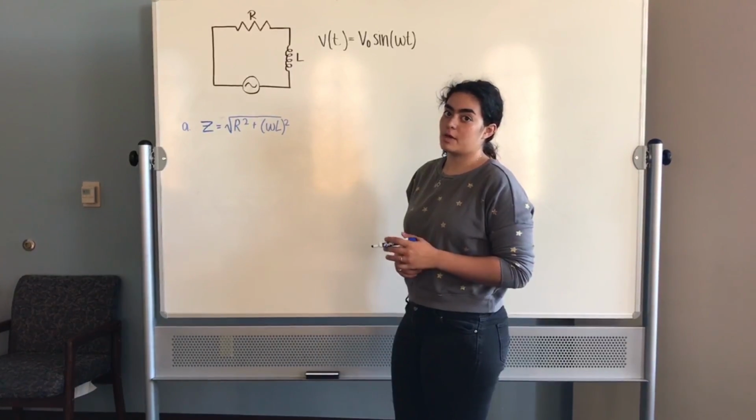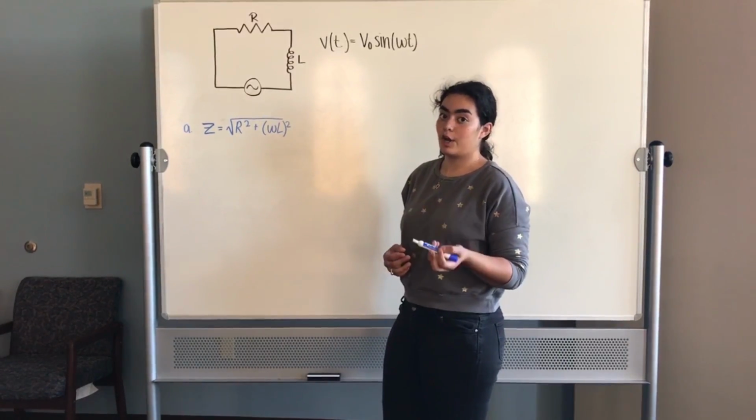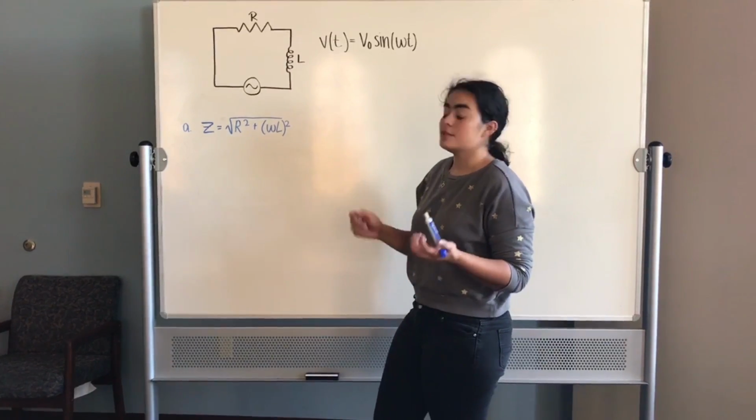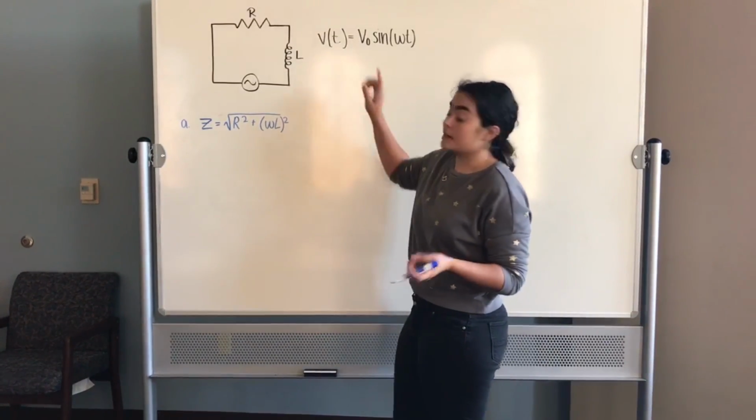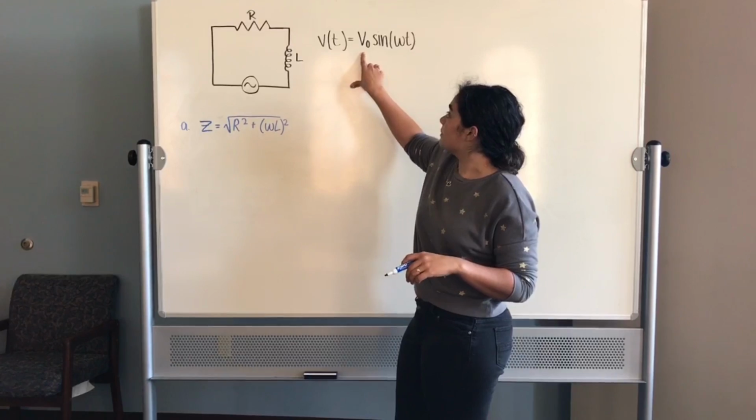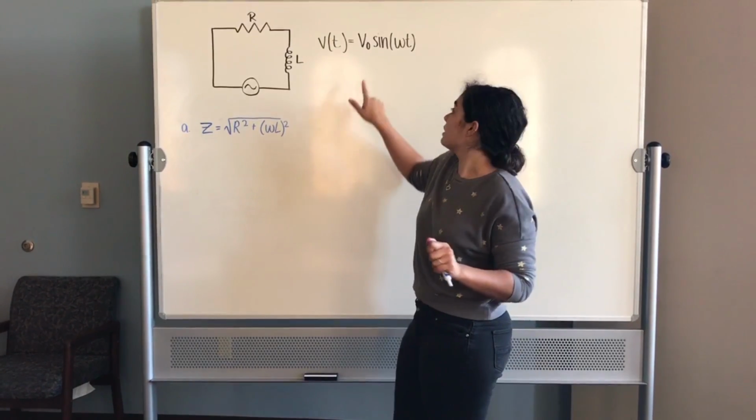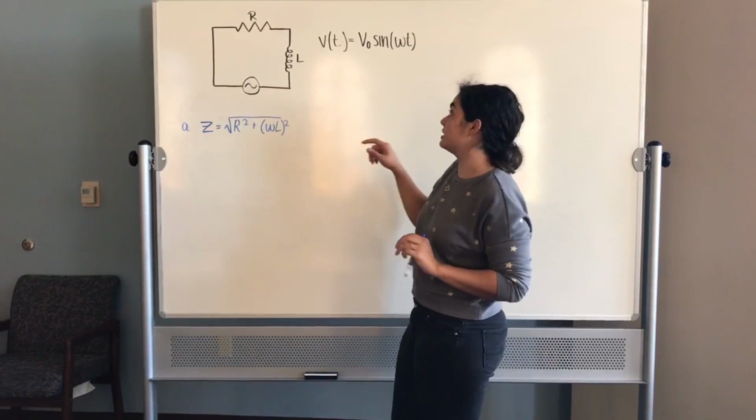So part B of this question is asking for the amplitude of current going through this circuit. So we know that the amplitude of the current is going to be the maximum current value, kind of analogous to the maximum voltage value.